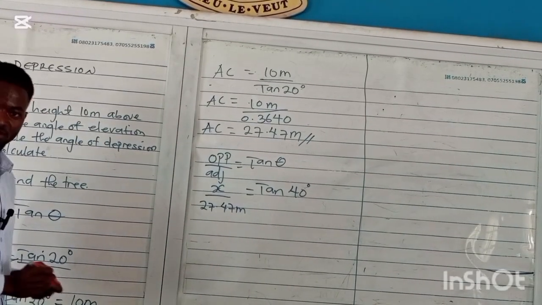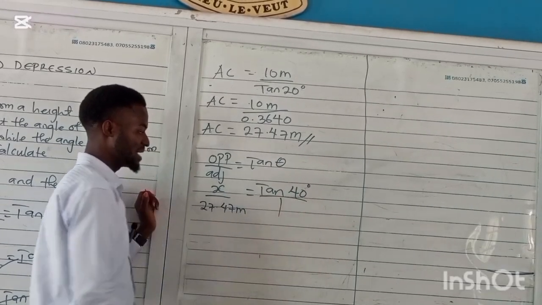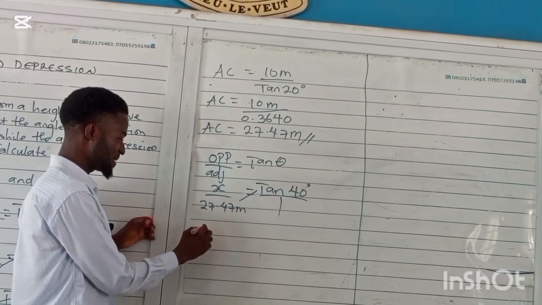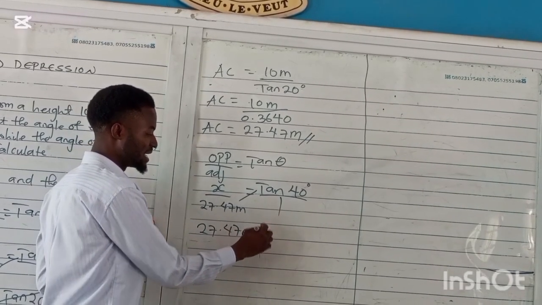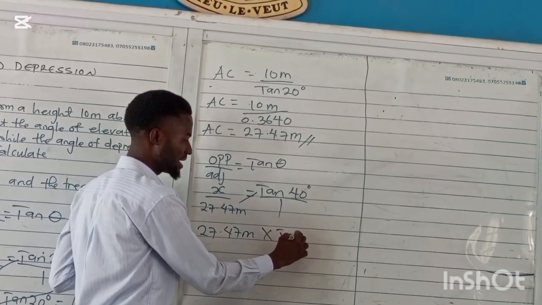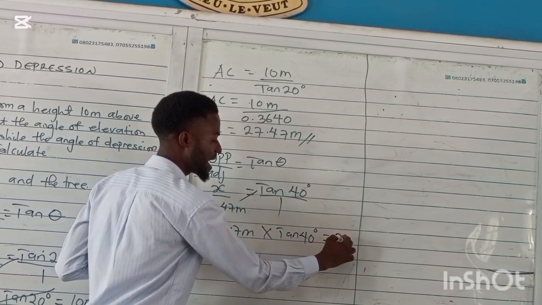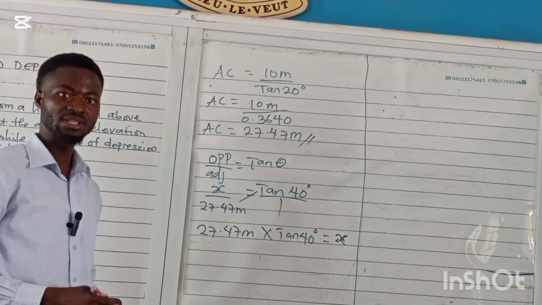So from here now, we cross multiply. Okay, x all over 27.47 meter equals tan 40 over 1. If we cross multiply, this goes with this, which is the same thing as 27.47 meter times tan 40 degree, which is equal to x, because x times 1 is still x.